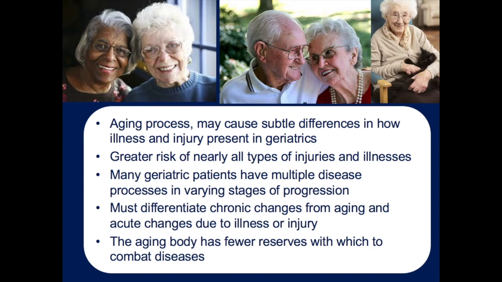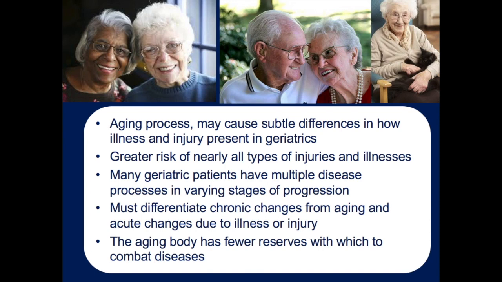But that's when it's super important to really narrow down with your SAMPLE questions and your physical exam to figure out what are the chronic conditions and why are we here today? What changed today and what is the acute problem? But you can't forget about all those chronic medical conditions because they can really play a significant role in the acute process that you're seeing and impact a lot of your decision making.